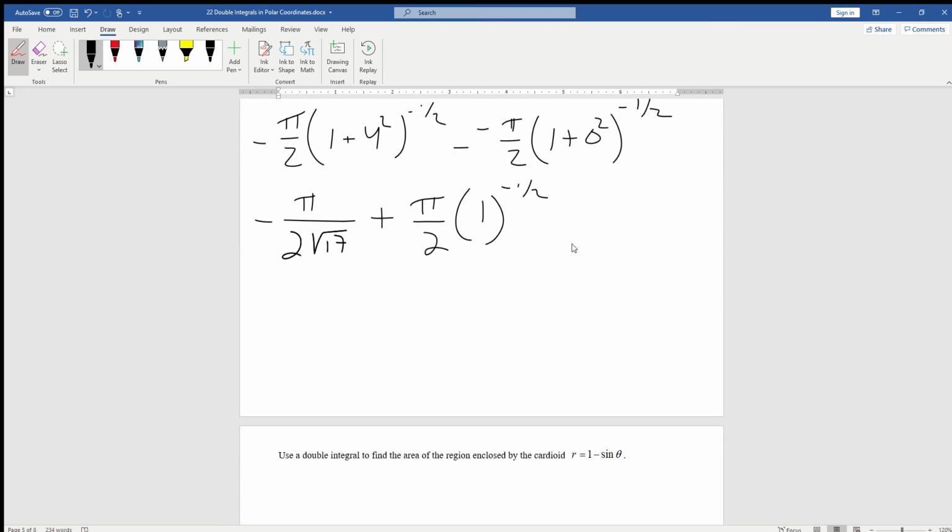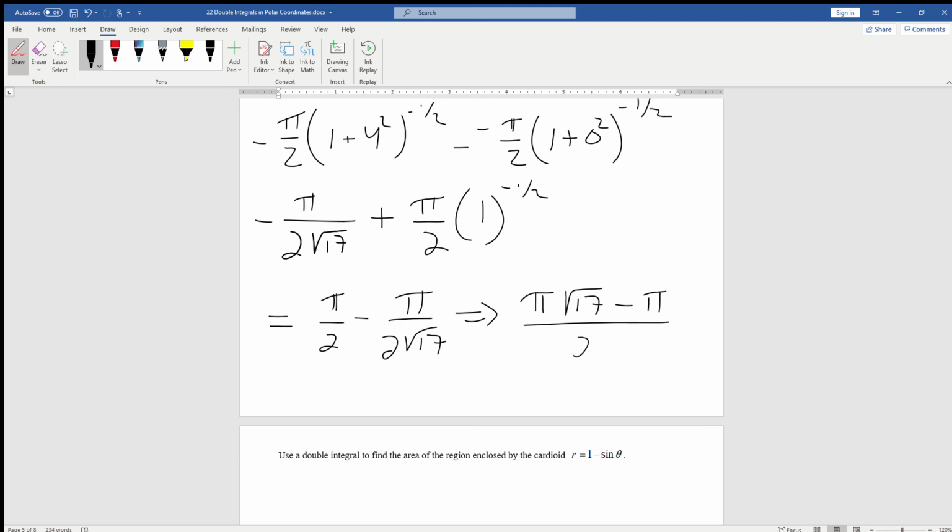So another way to write this is pi halves minus pi over 2 root 17. If you wanted a common denominator, you would multiply both by root 17 over root 17, so we could write this as pi root 17 minus pi over 2 root 17.